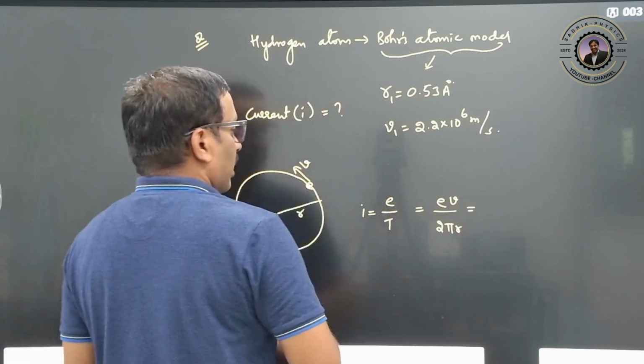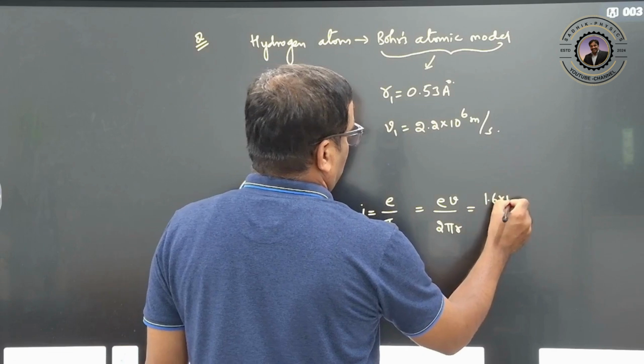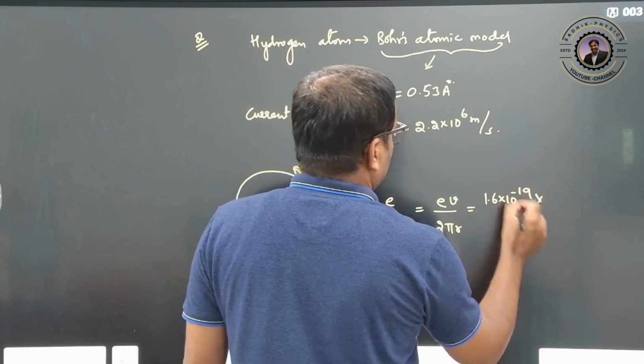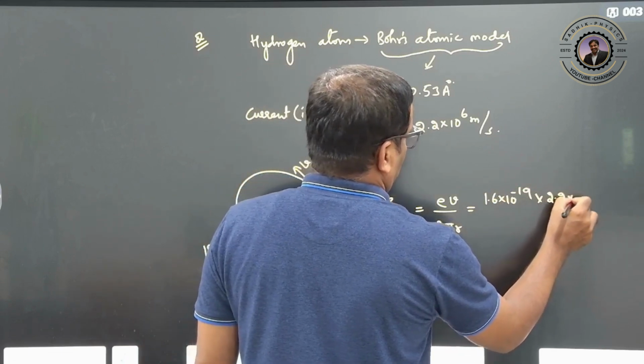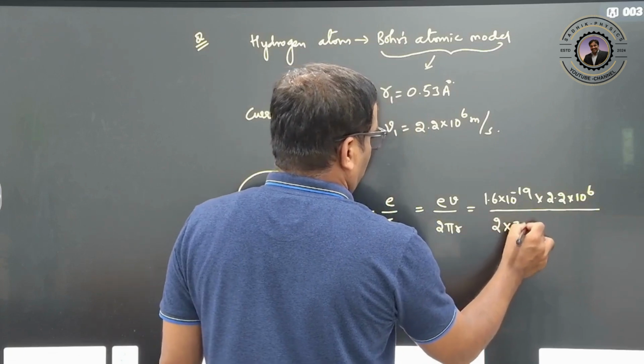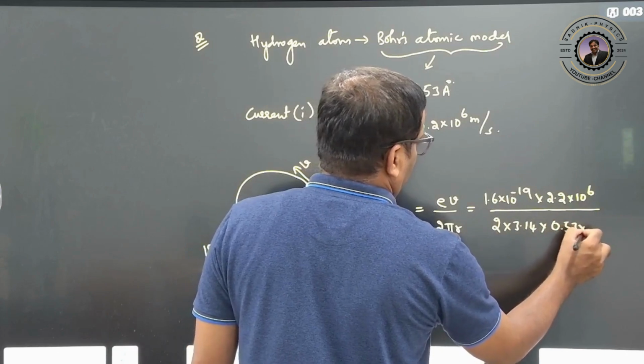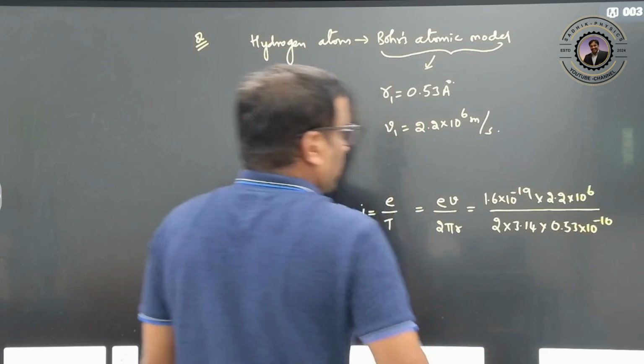So we can rewrite it as: charge of the electron 1.6 into 10 to the power of minus 19, velocity of the electron 2.2 into 10 to the power of 6, divided by 2 into 3.14 into radius, which is 0.53 into 10 to the power of minus 10. Clear?